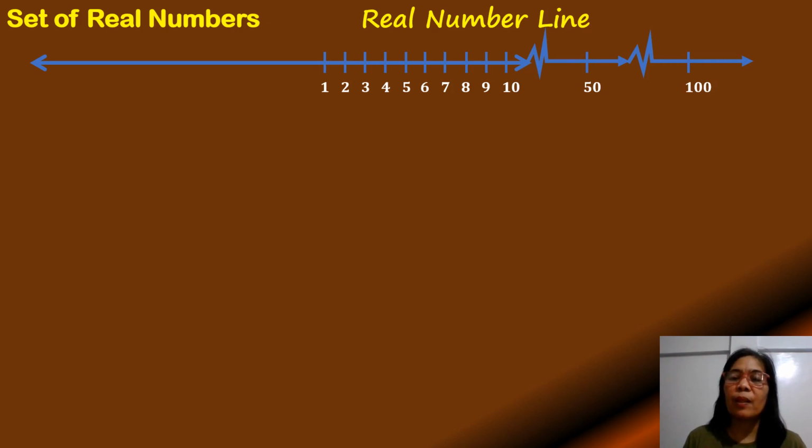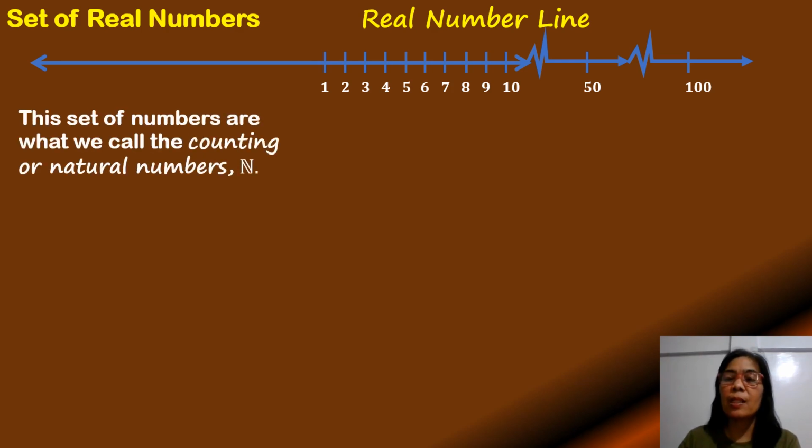And we learned that there are still other numbers following after 100, as indicated by this arrow. So all of these numbers, 1, 2, 3, 4, 5, 6, 7, 8, 9, 10, and so on going to the right, are what we call the counting numbers or the natural numbers.